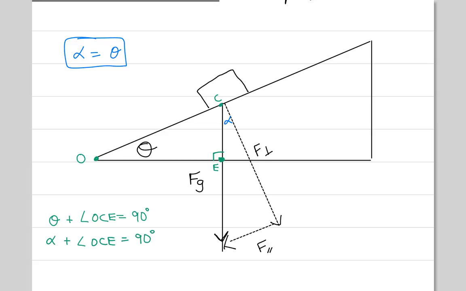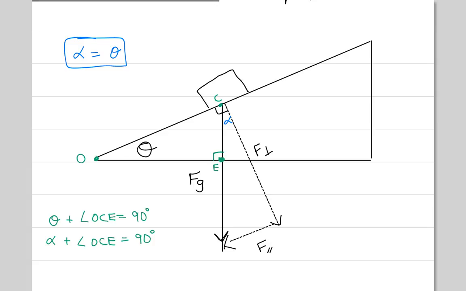Do you guys see that? Because this is 90. So OCE and alpha add up to 90, and OCE and theta also add up to 90. Do you guys see that? Yeah. And then you would just subtract.